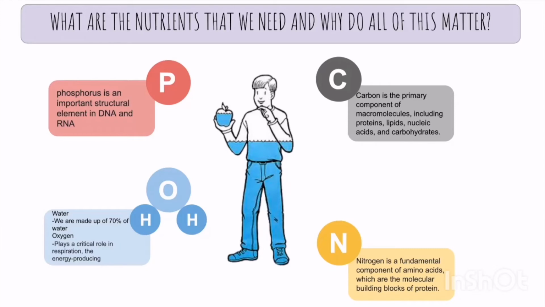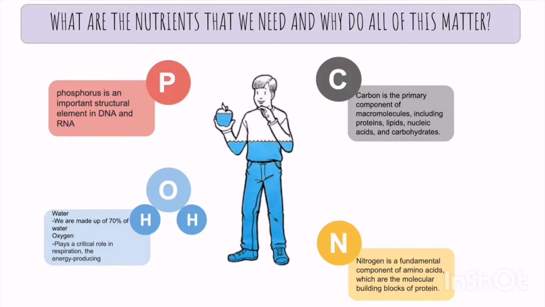Moving on with carbon, carbon is the primary component of macromolecules, which carbon is the building block of. Lastly, nitrogen, which is the big component of protein that makes us up. If we don't have all of these nutrients or atoms, life cannot exist.